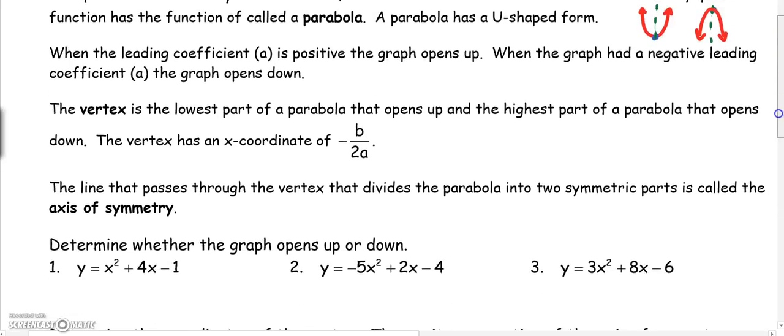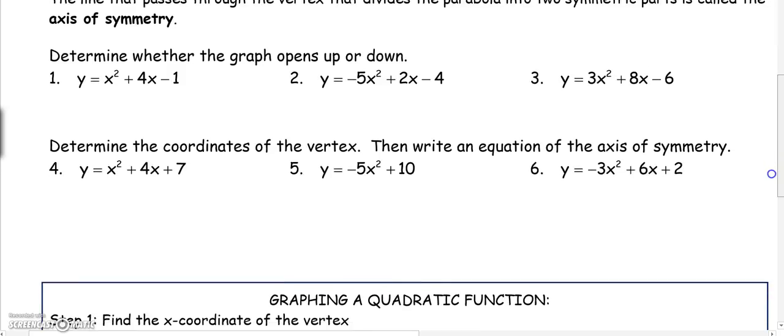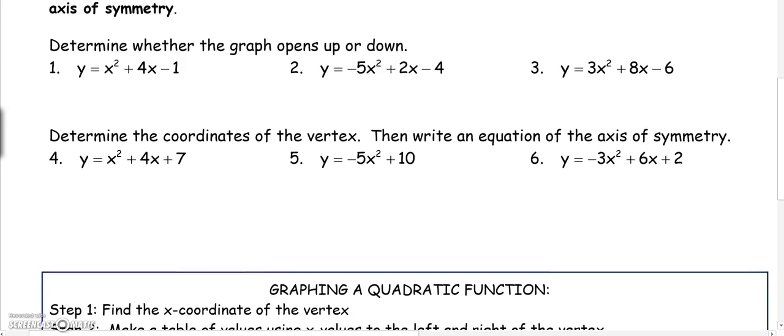So let's look at these equations and figure out if the graph opens up or down. So remember, if a is positive, the graph is opening up. If a is negative, the graph opens down.